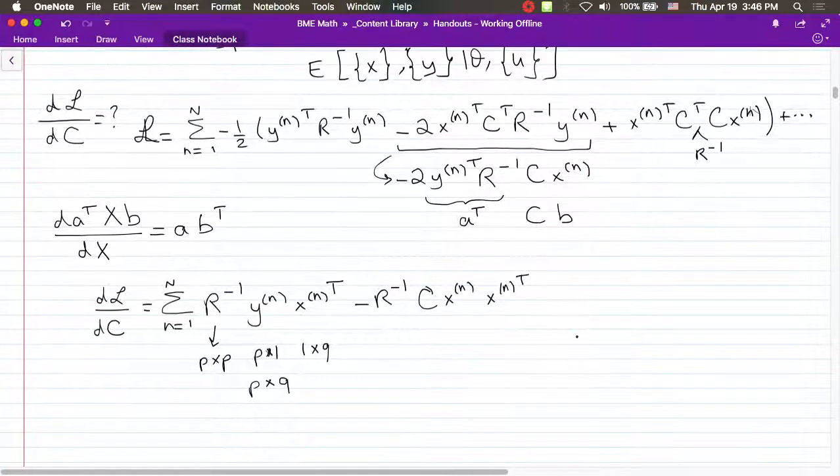Very important. Yeah, otherwise R's won't cancel out. Okay, so that's going to be our derivative with respect to C.